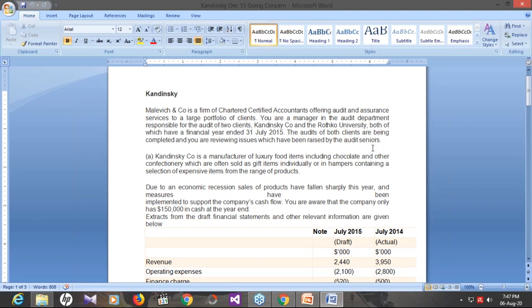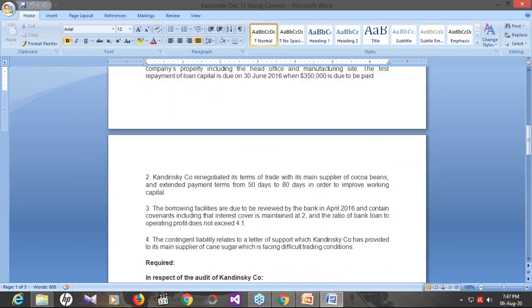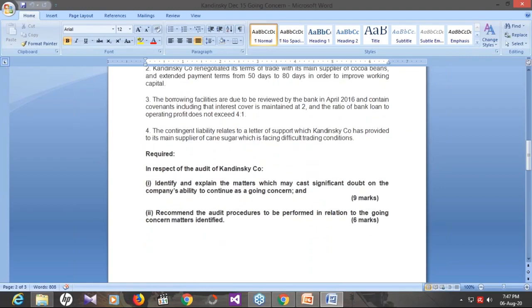So this is a complete question that gives you insight into how the examiner is going to ask the requirements and what type of data is provided by the examiner. You can see there is a mixture of financial and non-financial data, and normally this type of question falls in question number 2 or question number 3.